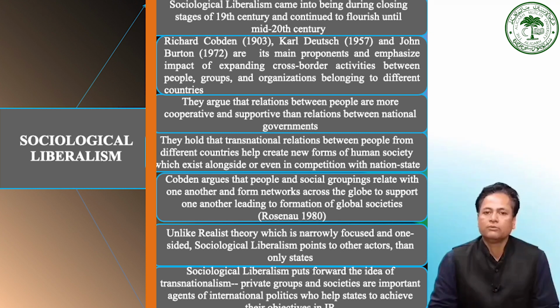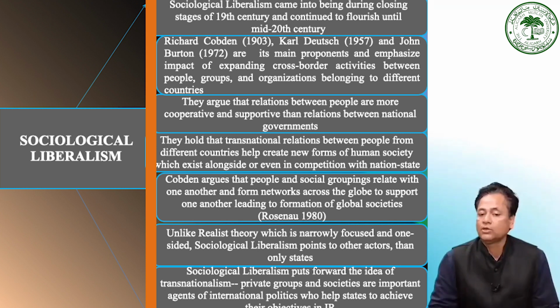These networks are going to help themselves when they actually need the support of each other. That is the kind of situation we discussed when we talked about the society-centric perspective of international relations. It can lead to the formation of what Rosenau calls global societies.